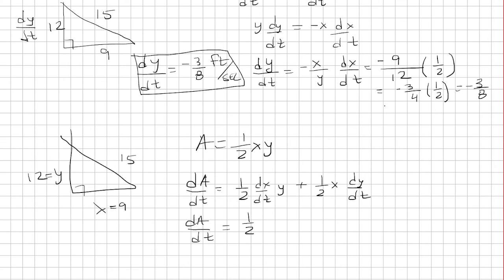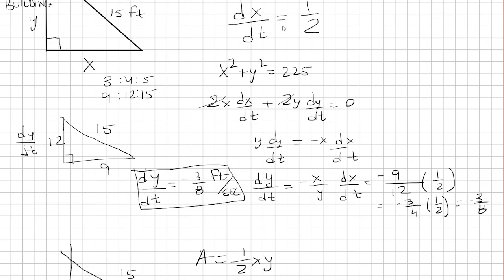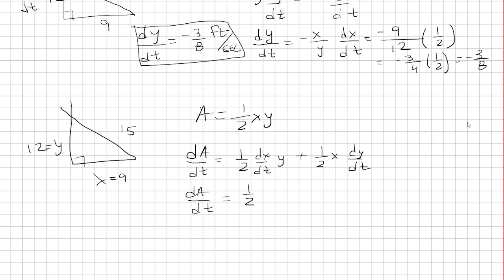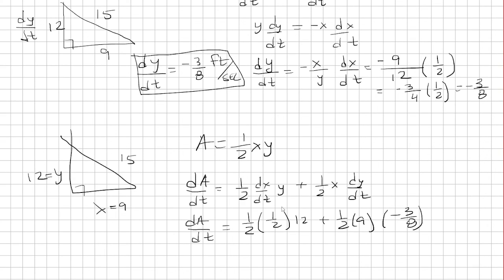So dx over dt was given to us as 1/2 initially, and we solved for dy over dt to be -3/8. So y is 12, x is 9. Under the same circumstances, right? We had this right triangle, 9, 12, 15. dy over dt was -3/8. So I can use that here because we have the same triangle.